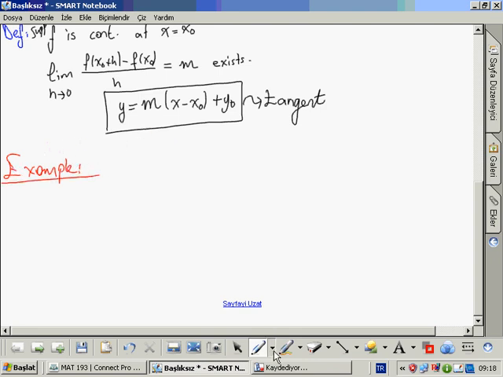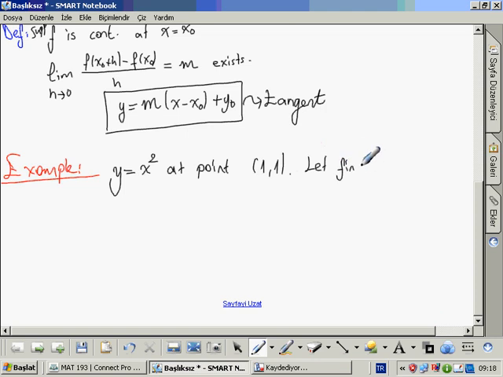y equals x squared at the point 1 comma 1.